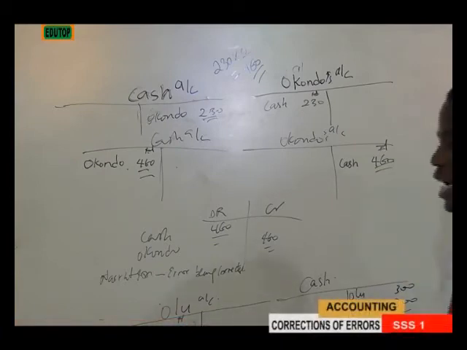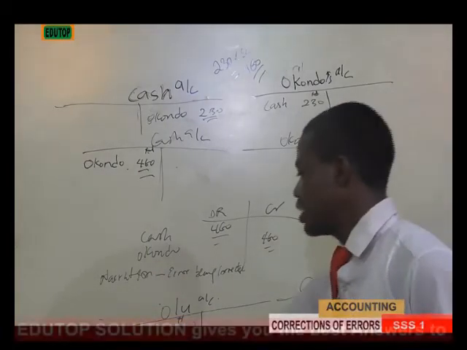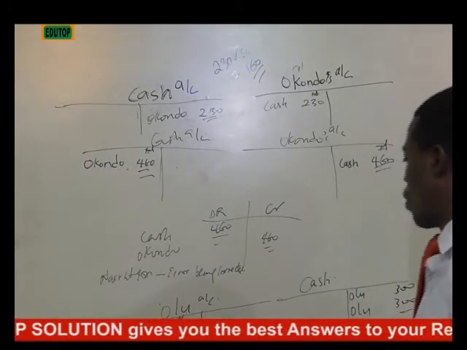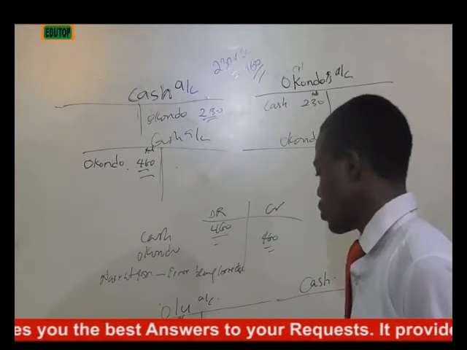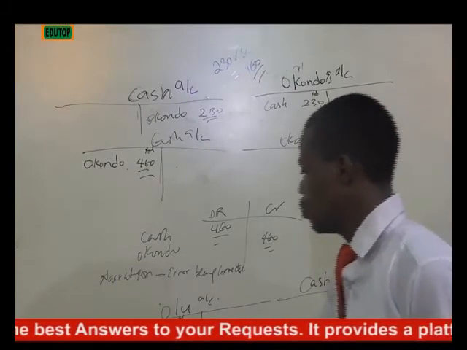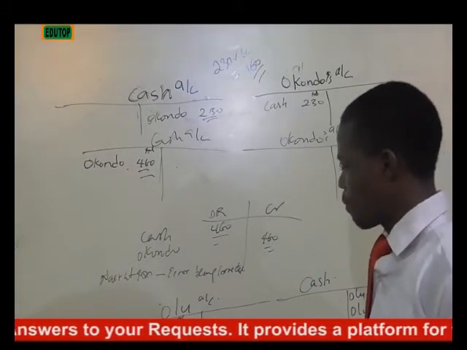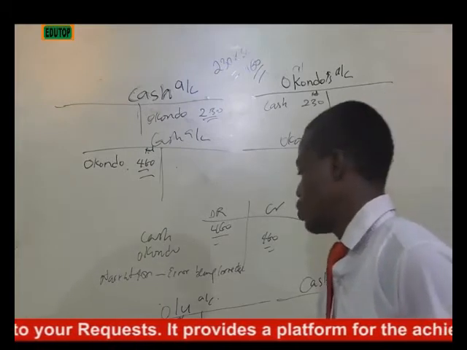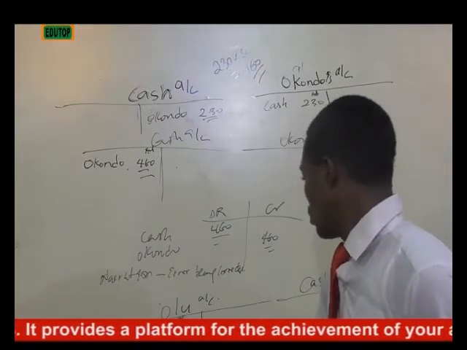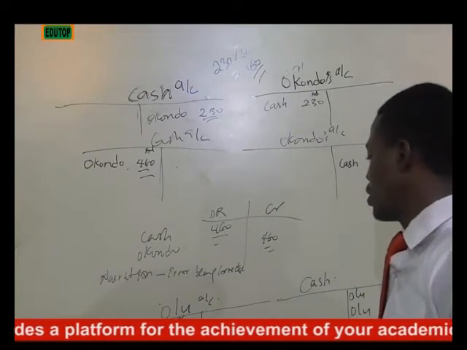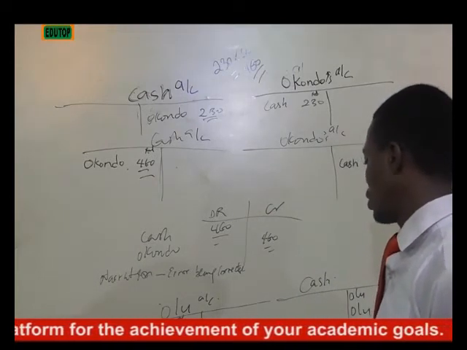Then to correct the error, you now take this one out completely, and that of cash, which is 300. Olu. So you return it. That is a cash.